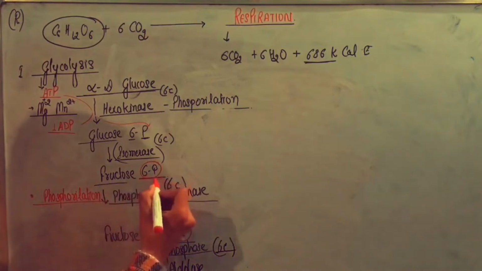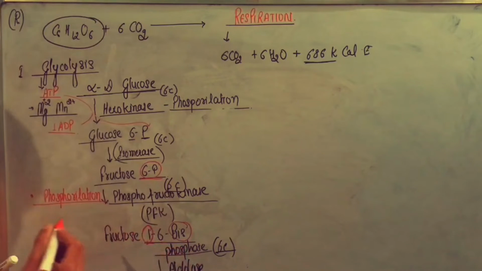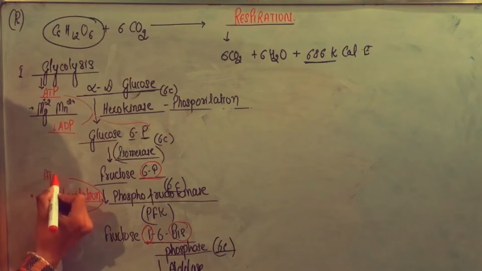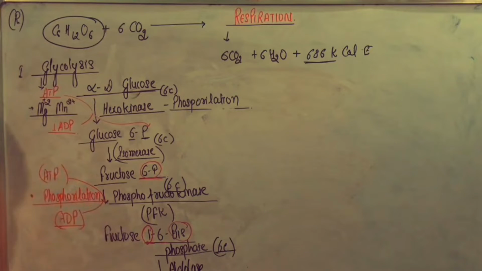When the molecule of fructose 6-phosphate is converted into fructose 1,6-bisphosphate, the extra phosphate group is provided by a molecule of ATP, which is converted into ADP and provides one phosphate group.